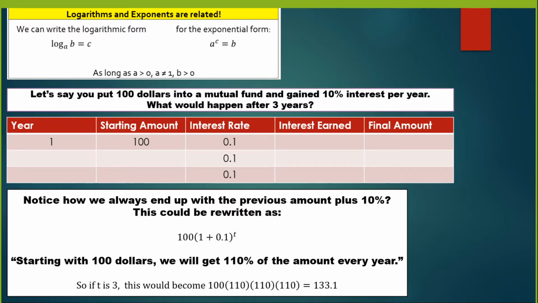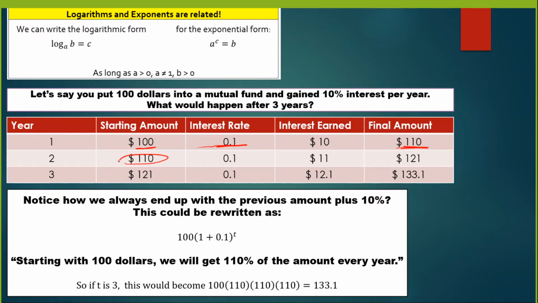Before I really get into it, I just want to show what's happening with our interest as I keep going. So if I put $100 into a mutual fund and gain 10% interest per year, then after that first year we earn 10% of our $100 and end up with $110 in the account, right?